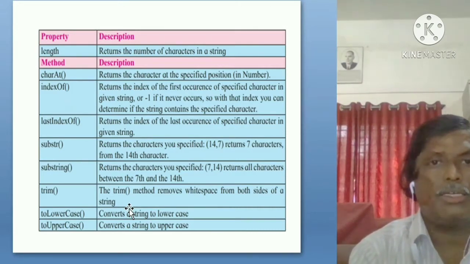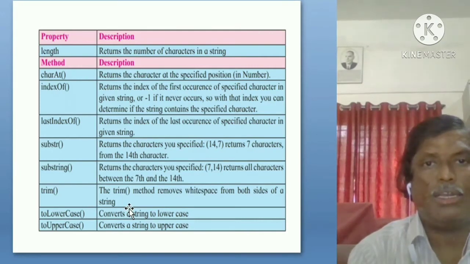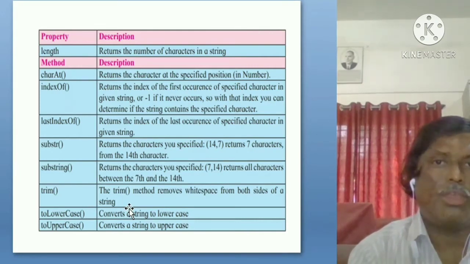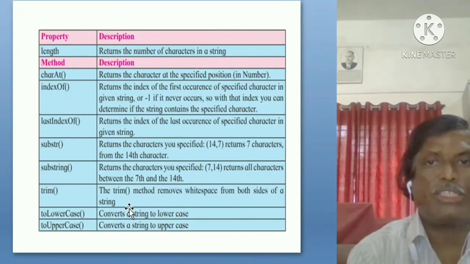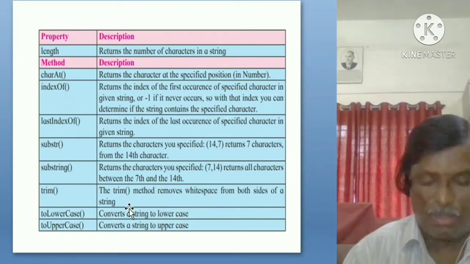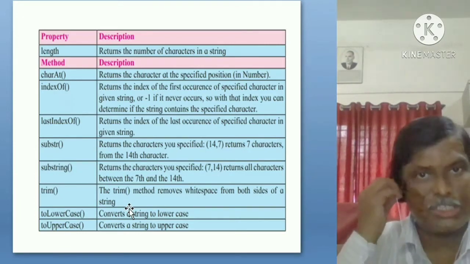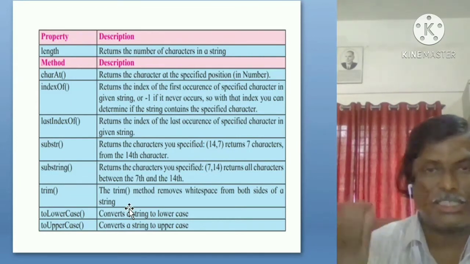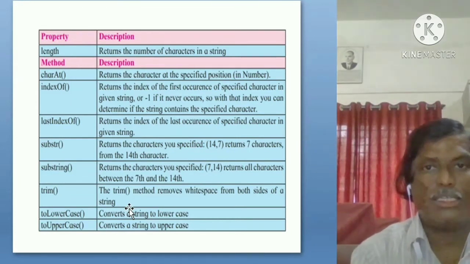Then see the next method, lastIndexOf. It returns the index of the last occurrence of a specified character in a given string. What is the use of this method? lastIndexOf returns the index of the last occurrence of a specified character in a given string.